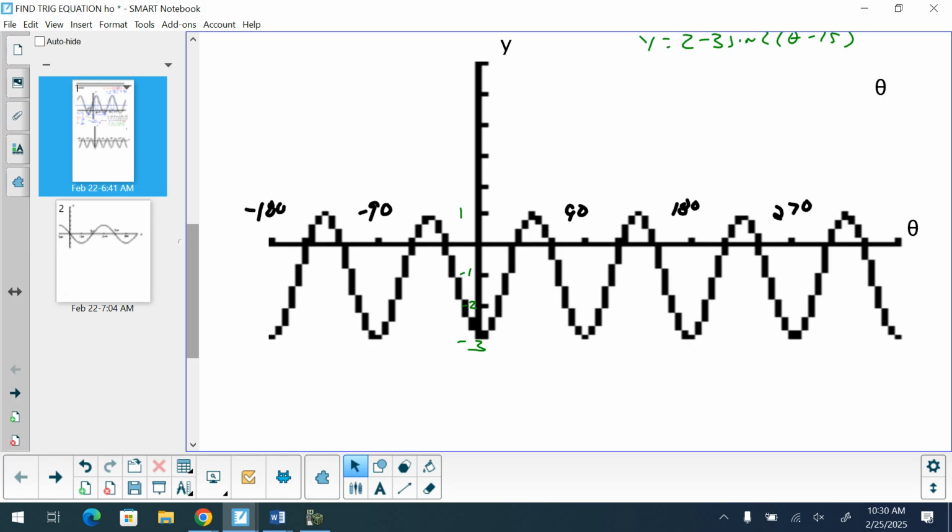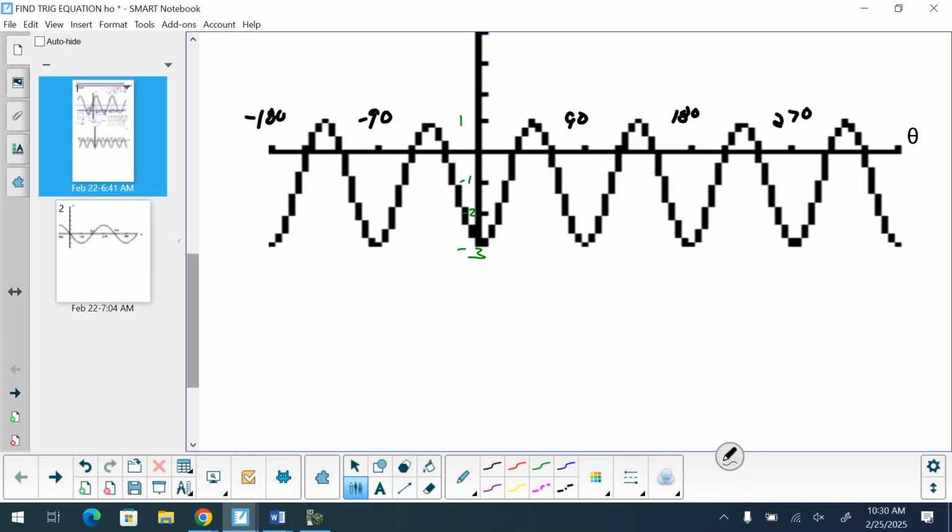Okay, then you can go from either peak to peak or valley to valley. Calculate the period, and then calculate your B value. Check your answer with somebody around you as you go along.